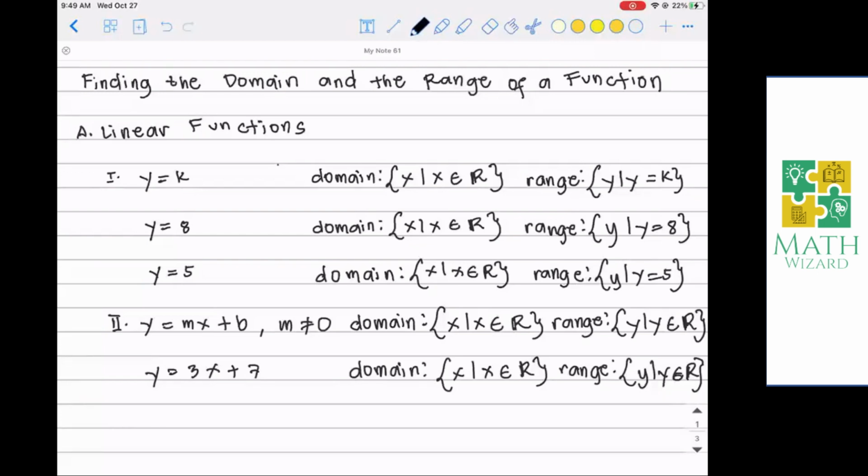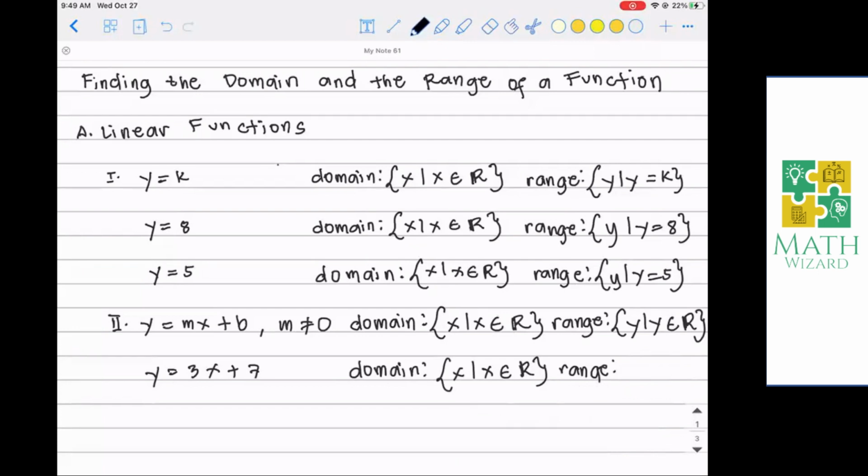Ganito lang gagawin natin. For us to find the range, let's say hindi natin alam ang formula. Hindi natin alam na kapag it's in the format pala of y is equal to mx plus b, ang sagot pala ay all real numbers na agad. Let's try to solve muna.